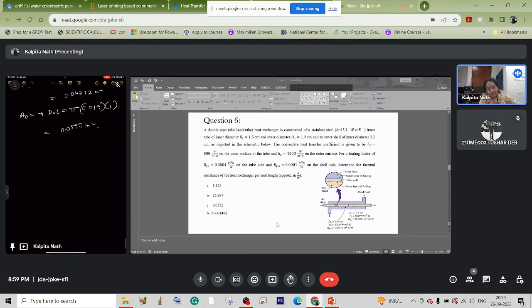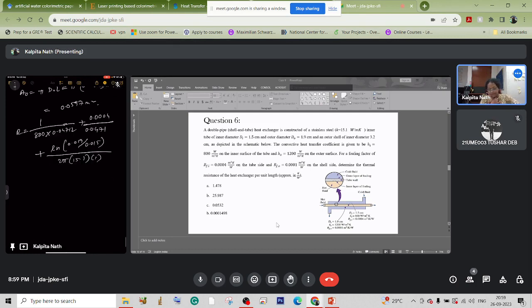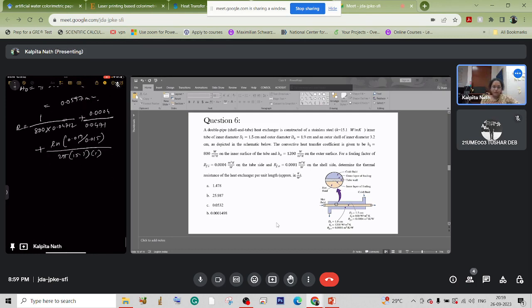Now substituting the above values in the above equation, the total resistance is 1 upon 800 times 0.04712, plus the fouling resistance on this side over 0.0471, plus the conductive resistance, 0.019 upon 0.015 into 2 pi 15.1 into 1, right?